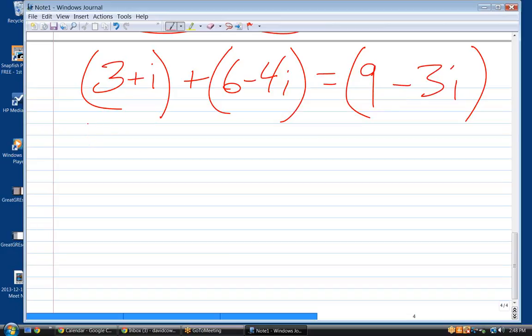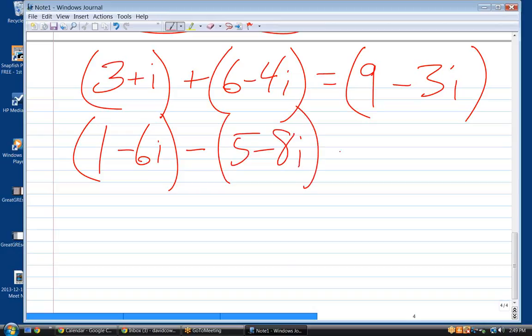The next one is 1 minus 6i minus the quantity 5 minus 8i. Operate on the reals. What do you get? Minus 4.